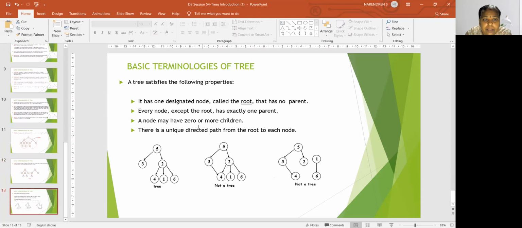A tree satisfies the following properties. It has one designated node called the root node, which, as we already discussed, has no parent. Every node except the root has exactly one parent, and a node may have zero or more children. There is a unique directed path from the root to each node.